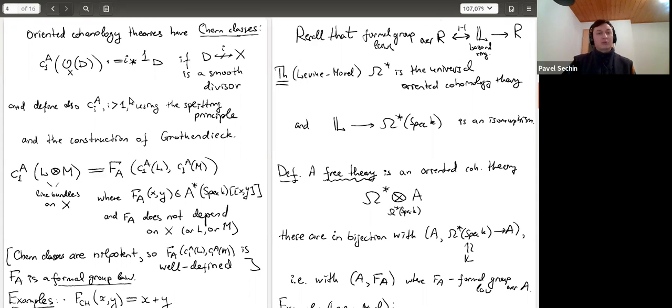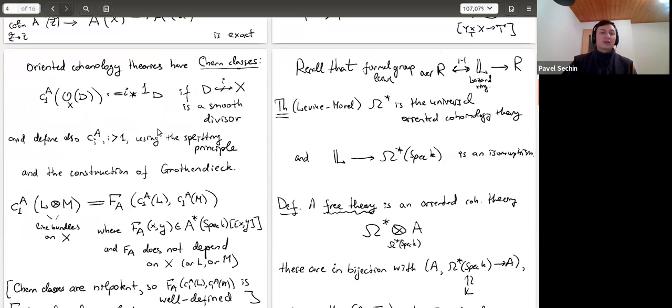That works perfectly well in this case, mostly because we have taken the projective bundle theorem as an axiom of our oriented cohomology theories.